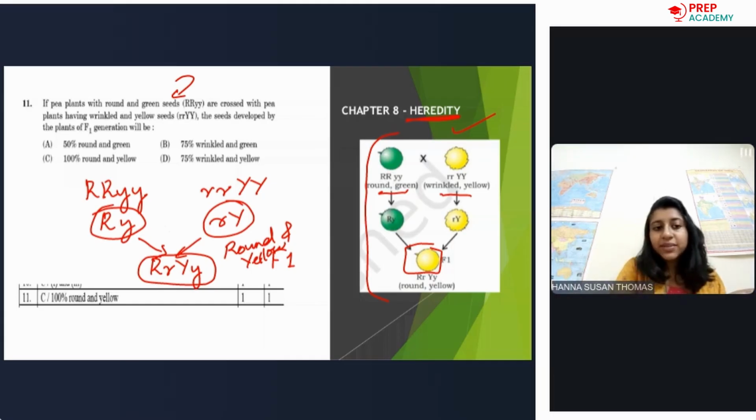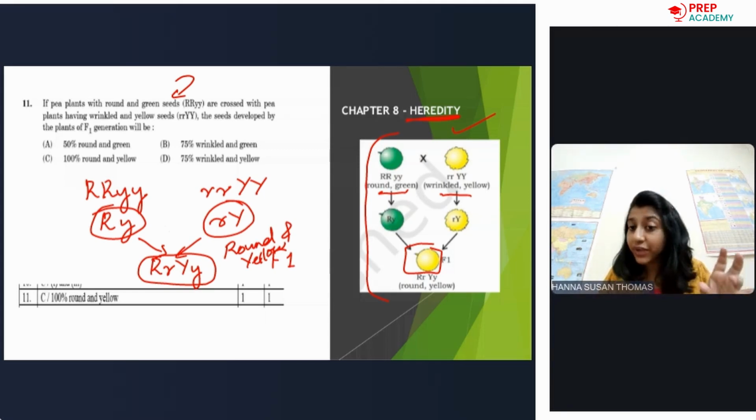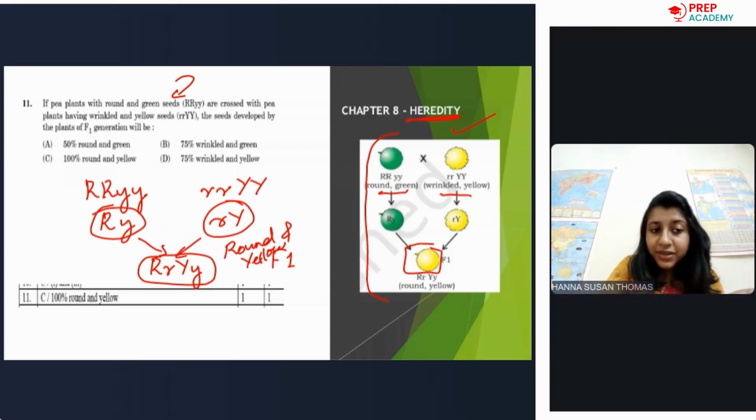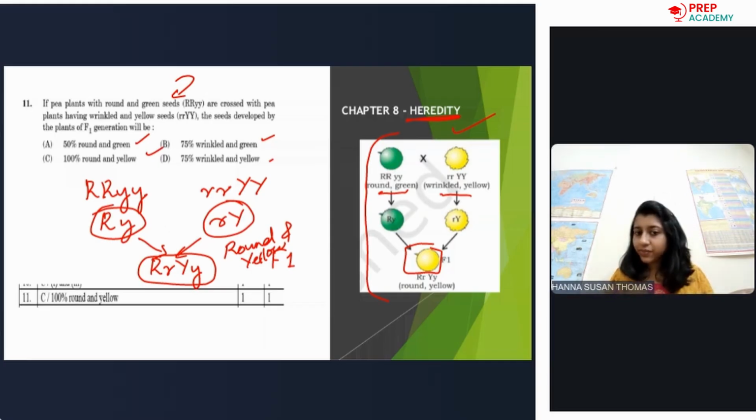So our question is, if pea plants with round and green seeds are crossed with pea plants having wrinkled and yellow seeds, the seeds developed by the plants of the F1 generation will be: 50% round and green, 75% wrinkled and green, 100% round and yellow, or 75% wrinkled and yellow. So what can you say?